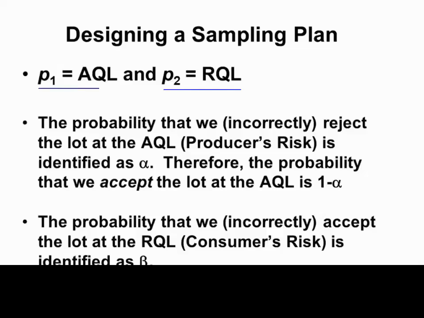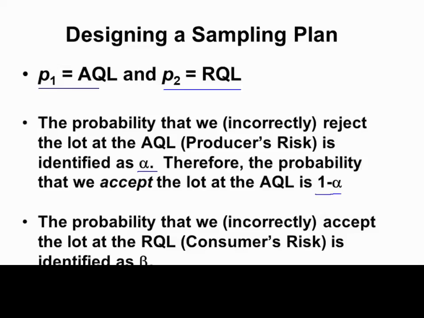The error that I would make is to reject. That we said was alpha. So if that's my error probability, then the probability that I accept at the AQL is going to be 1 minus alpha, 1 minus the chance that I incorrectly reject. That's going to be the left-hand side of my first equation. So that's the probability of acceptance at the AQL.